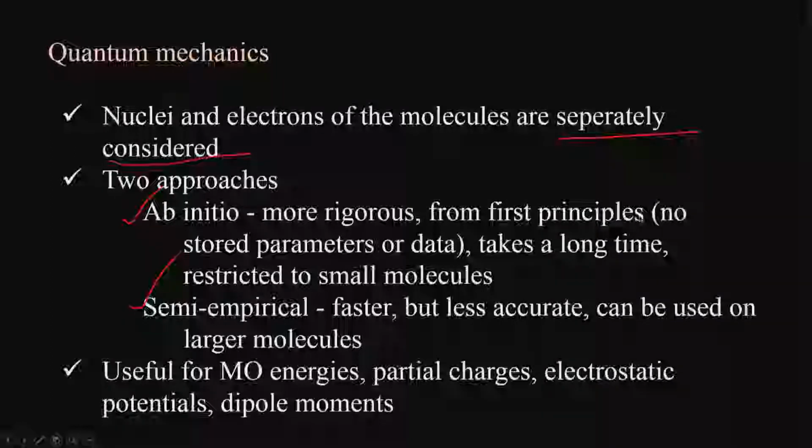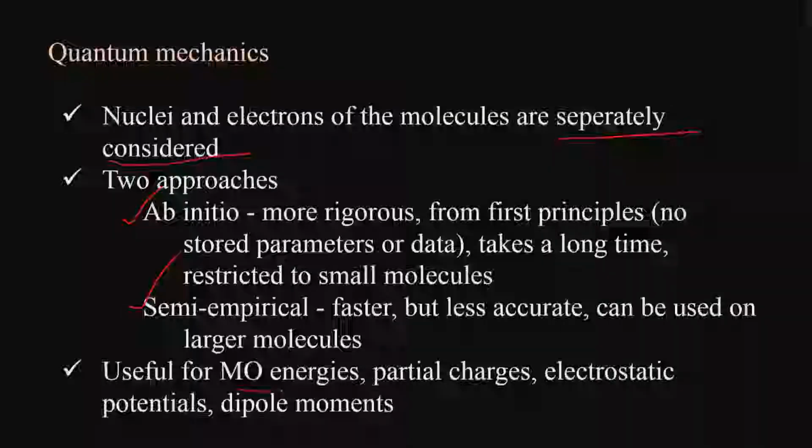So, ab initio calculations are done only for a few atoms, whereas semi-empirical contains a lot of stored parameters and some empirical equations and relationships. It is less accurate and it can be used for larger molecules. So, it is much more practical for drug discovery, like our area. It is more approximate than ab initio, but we can go to hundreds of atoms.